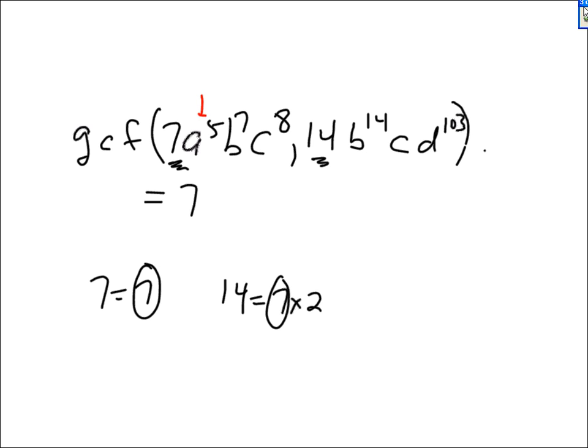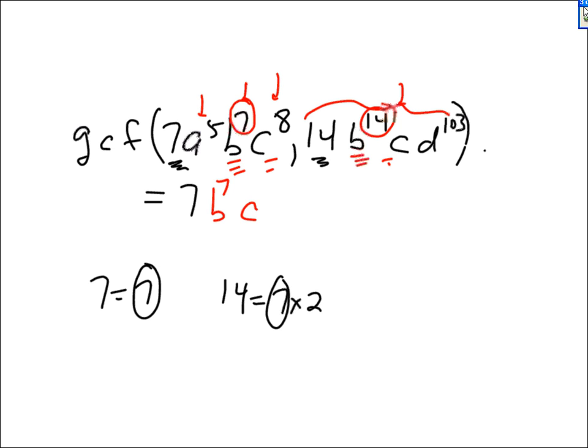This has an A, this number does not. This has a B, this number does. So they have B in common. So I know B will be part of the answer. This has C, so does this. C will be part of the answer. Then I look at the powers of B and the powers of C. The power of B, these are 7 and 14. 7 is the smaller one.